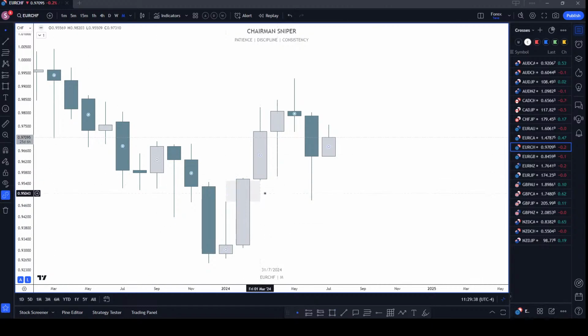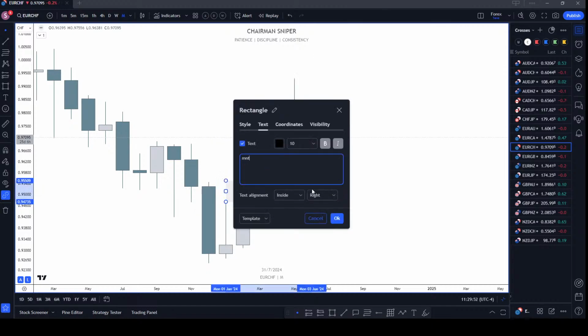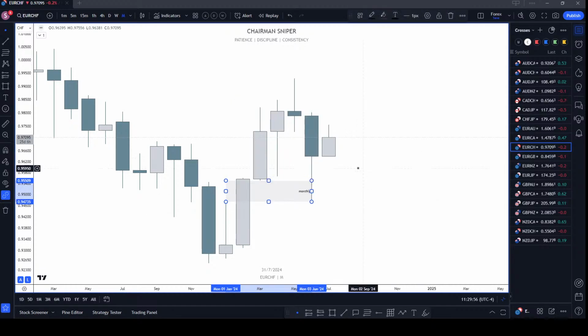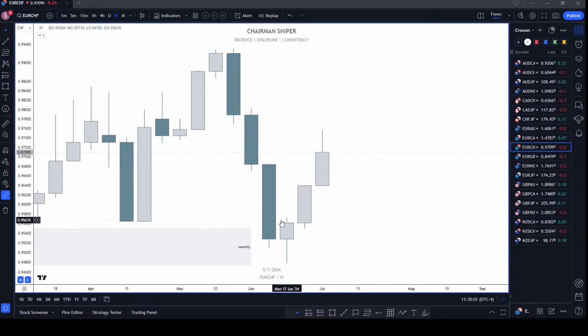The reaction to this fair value gap was definitely nice. Well, this breakaway gap, actually wouldn't have wanted to trade that. So we are reacting to this breakaway gap on the monthly. Weekly, we do have a breakaway gap right here as well.